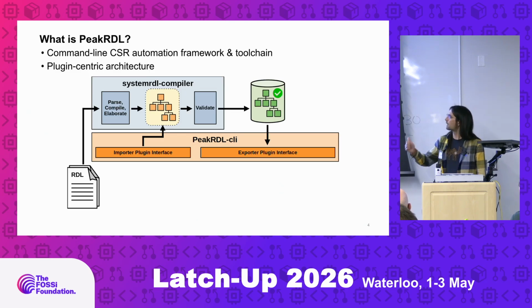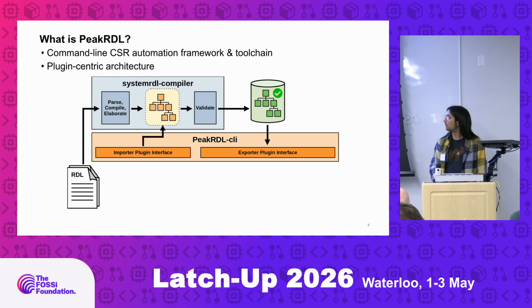And then what it pops out on the right-hand side is basically this internal representation. It's a model of your register map. And then we go and export two things. Since I recognize that a lot of people still want to control their own destinies in this, PeakRDL is very heavily plug-in forward.